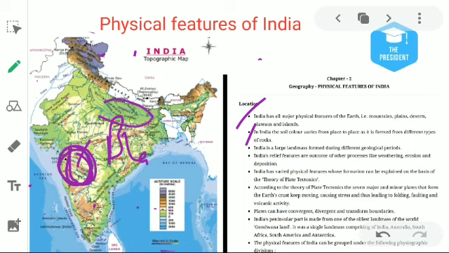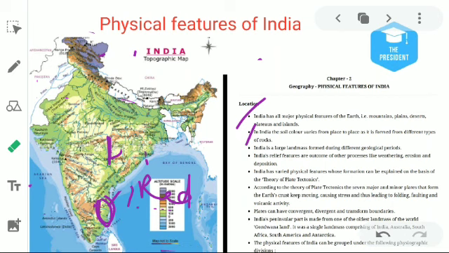But if you are in the plain area like UP, Bihar, Jharkhand, alluvial soil is found. Then if you are in the Tamil Nadu region, in the southern portion, the color of soil will be red. So basically this depends on the rocks found in those areas.